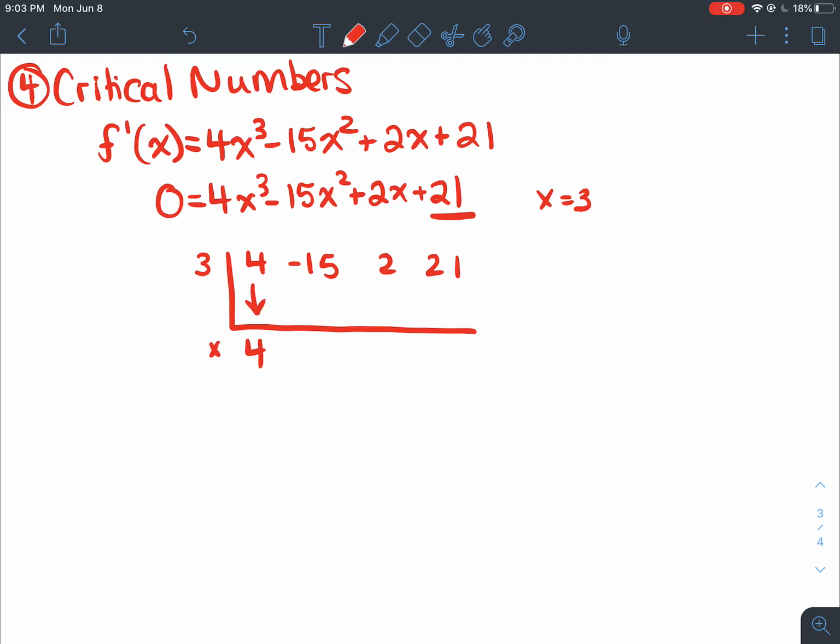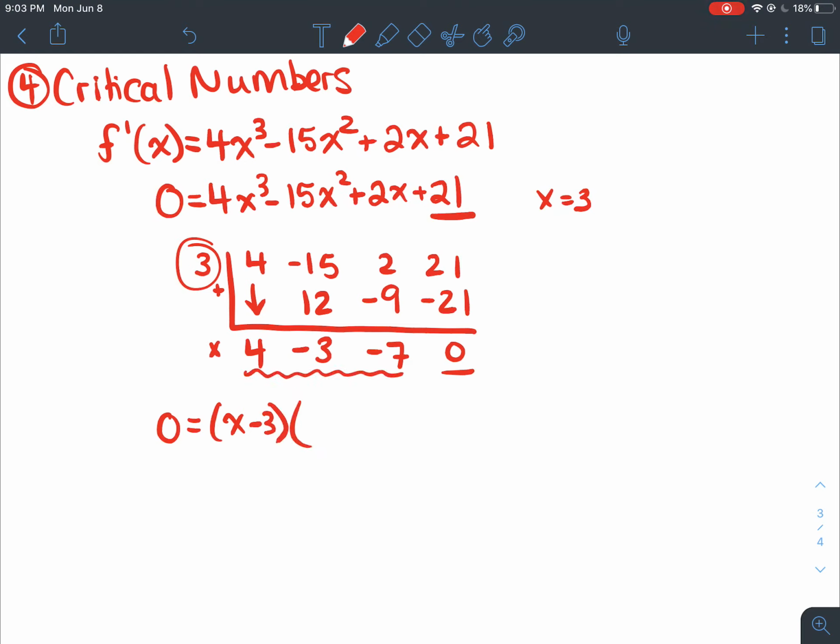Then I'm going to multiply to get 12. I'm going to add the columns. So negative 15 plus 12, I need negative 3. And then I'm going to multiply, get 9. I'm going to add, negative 7. Multiply, boom, 0 remainder.